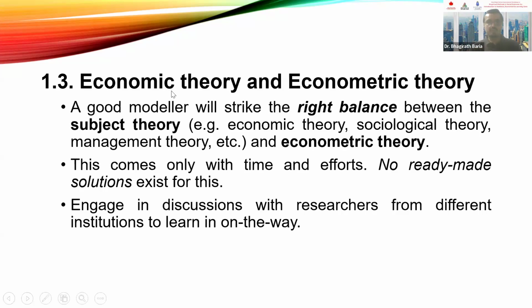All right. So one of the best ways to improve econometric theory is to engage with people, attend good quality workshops, interact with good quality people who are doing serious work, engage with them, make a network. You will learn a lot, not only by reading, but even by interacting with people.